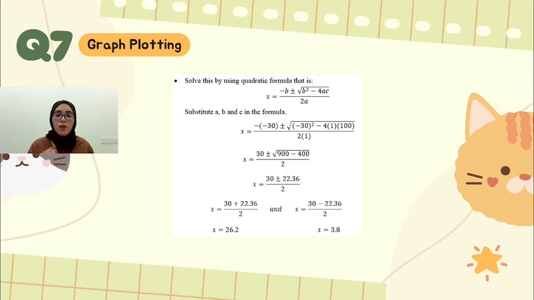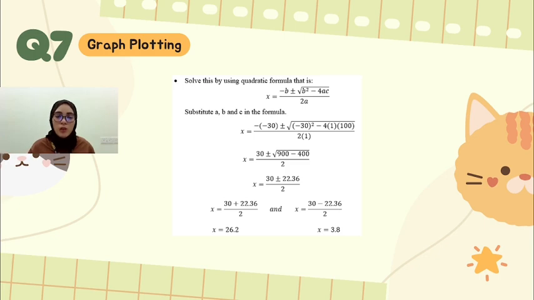Okay, this is solving by quadratic formula. You already know this. Make sure you memorize the formula. You just have to substitute a, b, and c in the formula. So you will get x equals negative (negative 30) plus minus the square root of negative 30 squared minus 4 times 1 times 100, divided by 2 times 1.